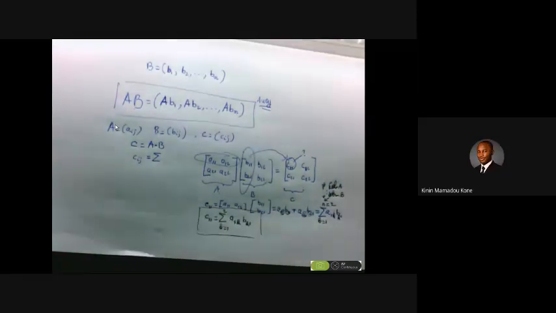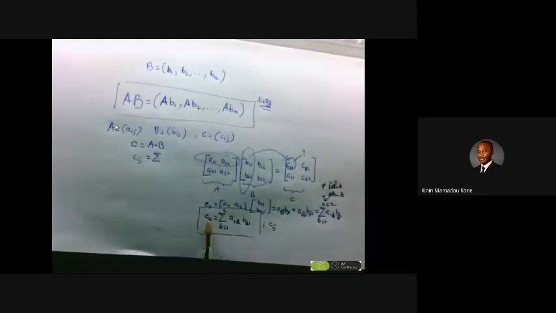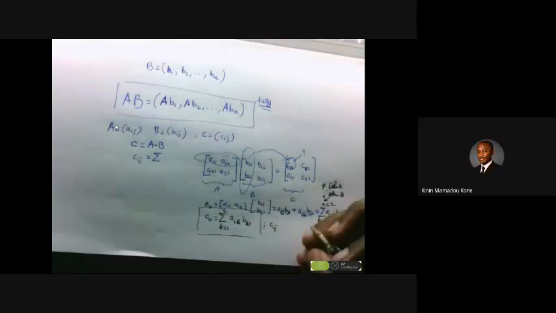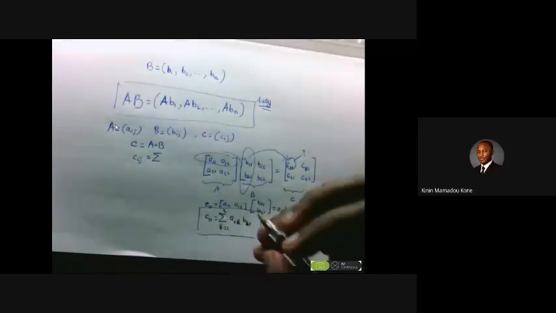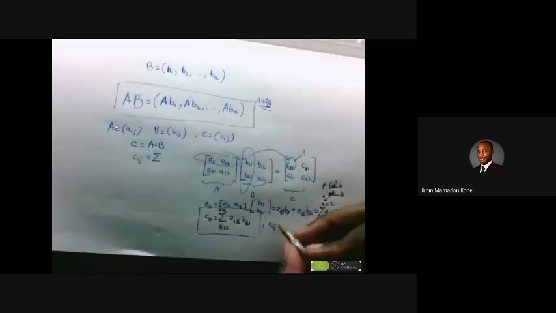Now let's generalize further. For Cij, I'm changing 1 and 1 here to i and j. So the only thing that is changing here is i and j. So the same formula: the sum, k goes from 1 to n, of A_ik times B_kj.